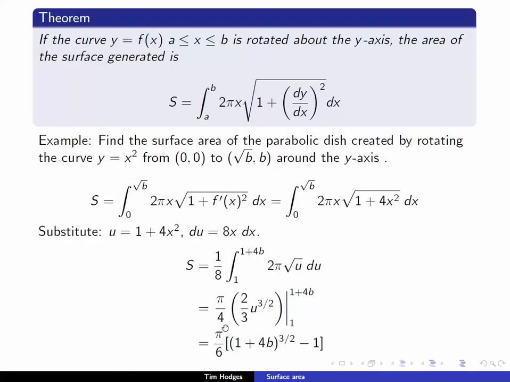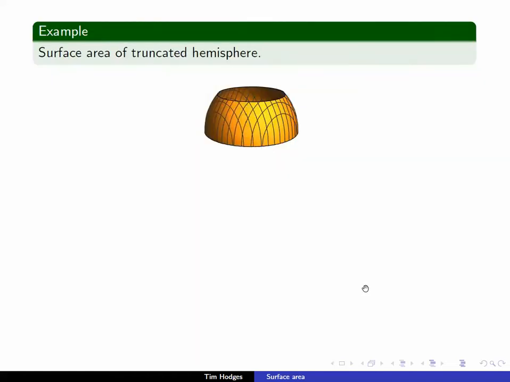So we get pi over 6, that's the product of these two things, times quantity 1 plus 4b to the 3 over 2 minus 1. So that's the formula for the surface area of a parabolic dish. Not particularly simple, but that's what it is. Let's have a look at another example of rotating around the y-axis.